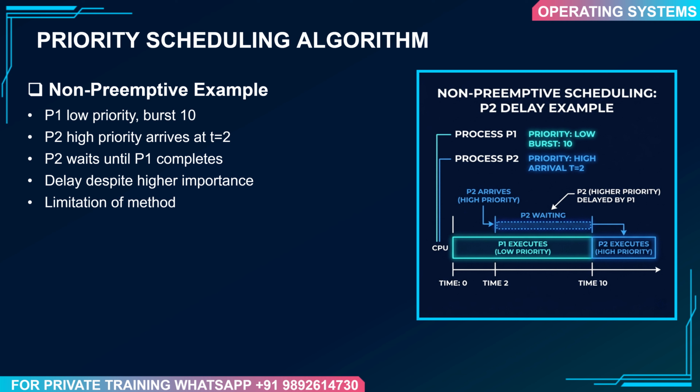After 2 units of time, a new process P2 arrives with a higher priority. In a non preemptive system, P2 will still have to wait until P1 completes its entire execution. Only after P1 finishes will P2 get the CPU. So even though P2 is more important, it is delayed. This shows one of the limitations of non preemptive priority scheduling.